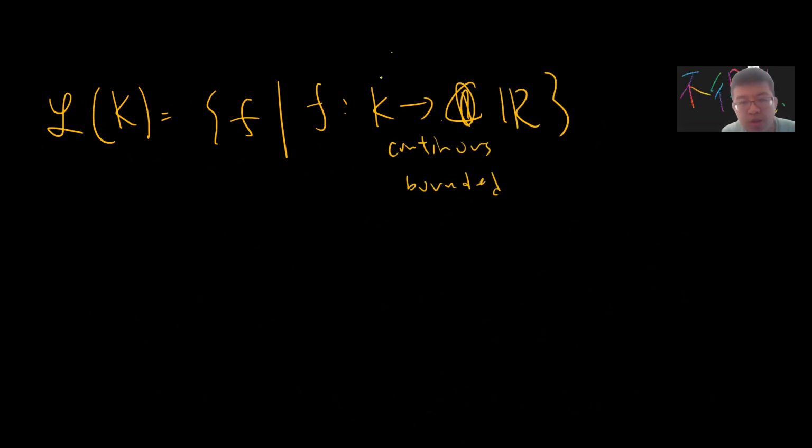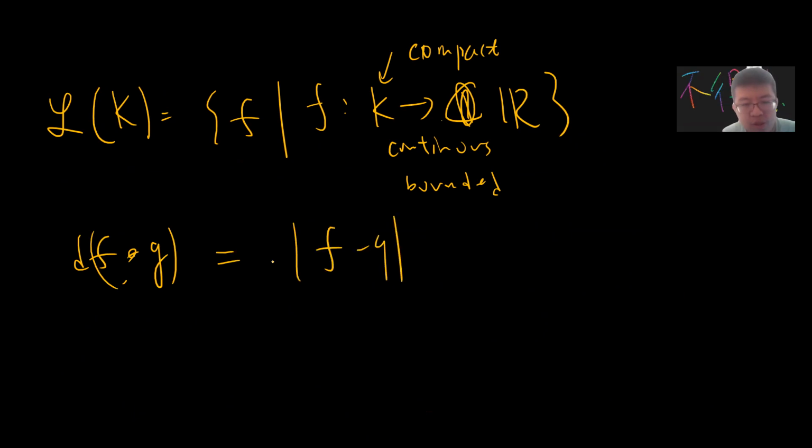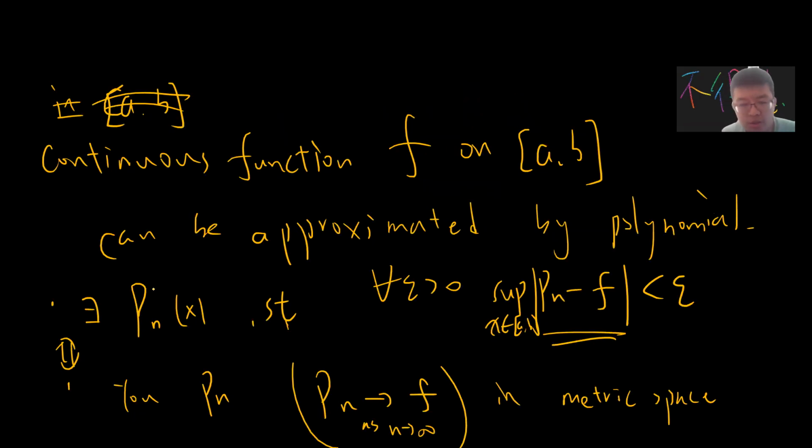Oh, by the way, since k is compact, it's automatically bounded if f is continuous. And you can define a distance d(f,g) to be the sup over x belonging to k of f minus g, and it's easy to prove that this is a metric space. So that's why you can say that Pn converges to f as n goes to infinity in the metric space L of [a,b].